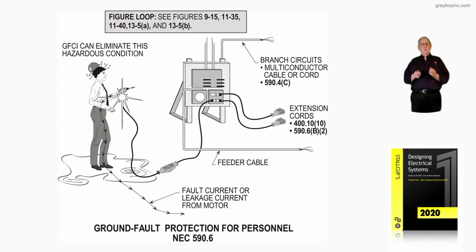Now, I would like to point out all those figure loops we're looking at there are in Volume 1 of Stallcup's Electrical Design Book. So you wouldn't even have to purchase, say, Volume 2 to look up those figure loops.